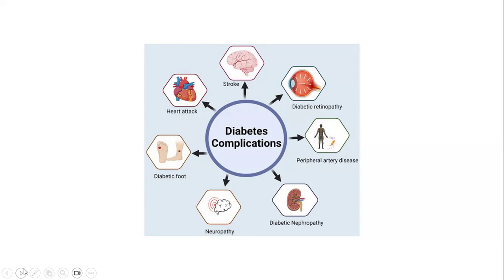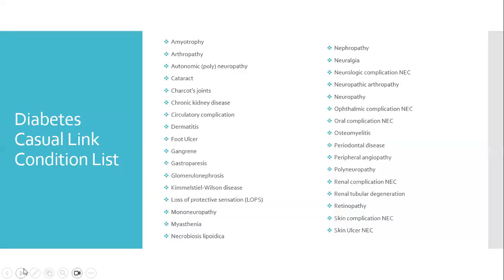A lot of times you'll see that there is a direct linkage between long-term sores or other conditions such as amputation of toes, amputation of the entire foot, or even the lower leg or up to the knee due to complications from diabetes directly.